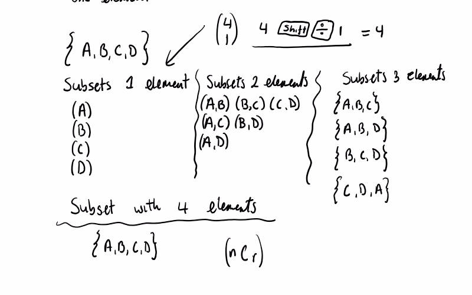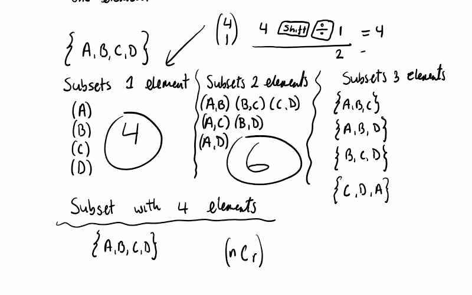You can see here that there's 4. If you type in the same, but we change the 1 to a 2, 4 choose 2, the answer is going to be 6. If you type in a 3, the answer is going to be 4. If we type in 4, the answer is going to be just 1.